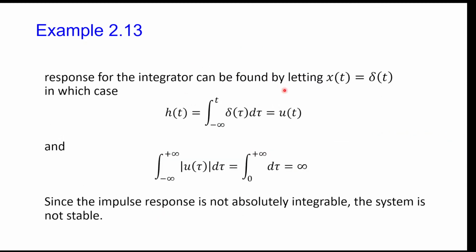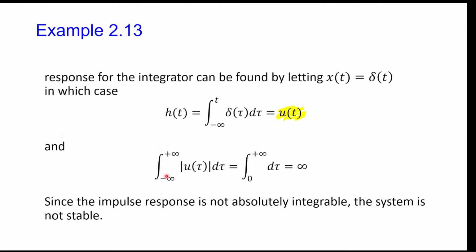And the integrator will have the impulse response u of t. So you can see it's very like the accumulator, because its response is also the unit step function, just changed from discrete time to continuous time.